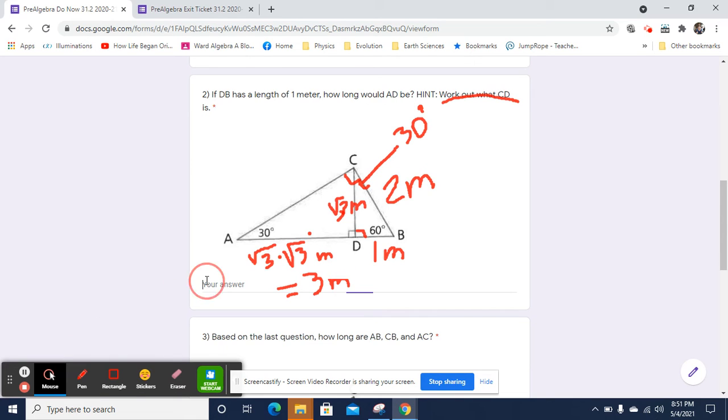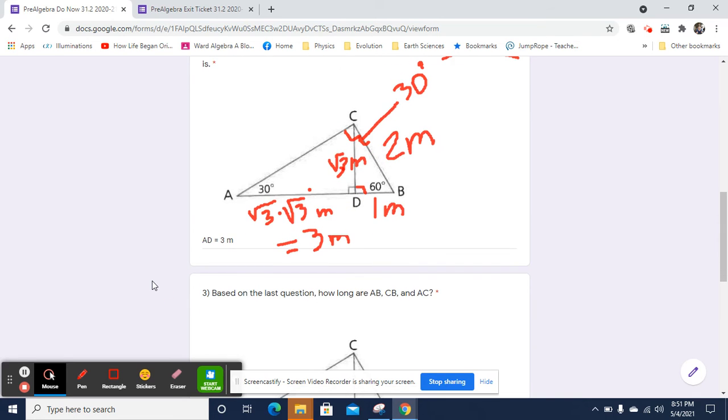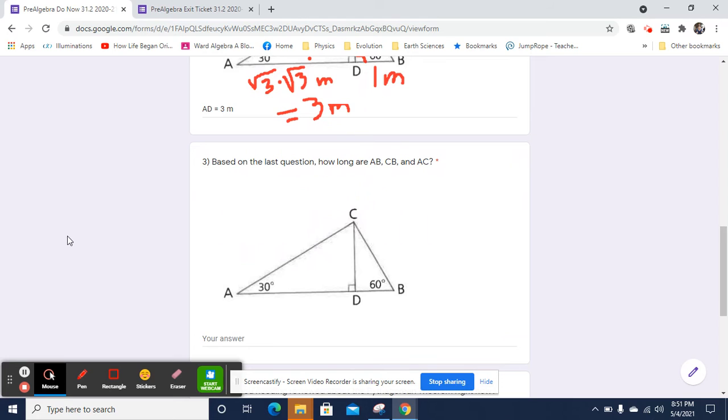I'll type that in. So AD equals 3 meters. What's interesting there, of course, is that this has a 3-to-1 ratio. And now the next question asks you, how long are AB, CB, and AC?